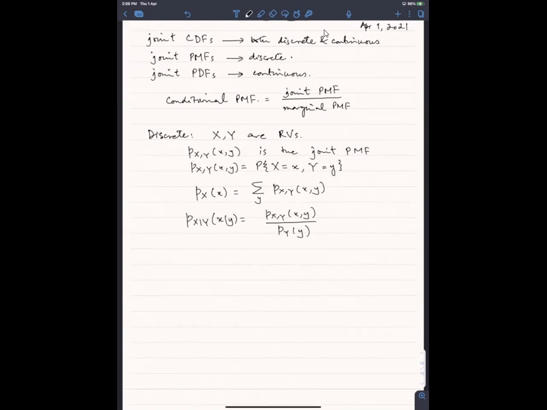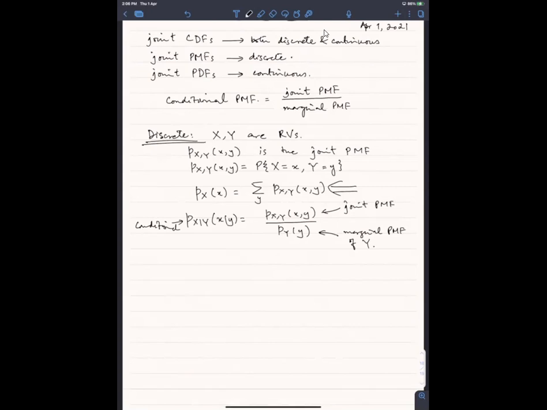So this is your conditional PMF, this is your joint PMF, and this is the marginal PMF of Y. Where do I get the marginal PMF of Y? Well, I got the marginal PMF of X, and similarly you can get the marginal PMF of Y. So this was for the discrete case.